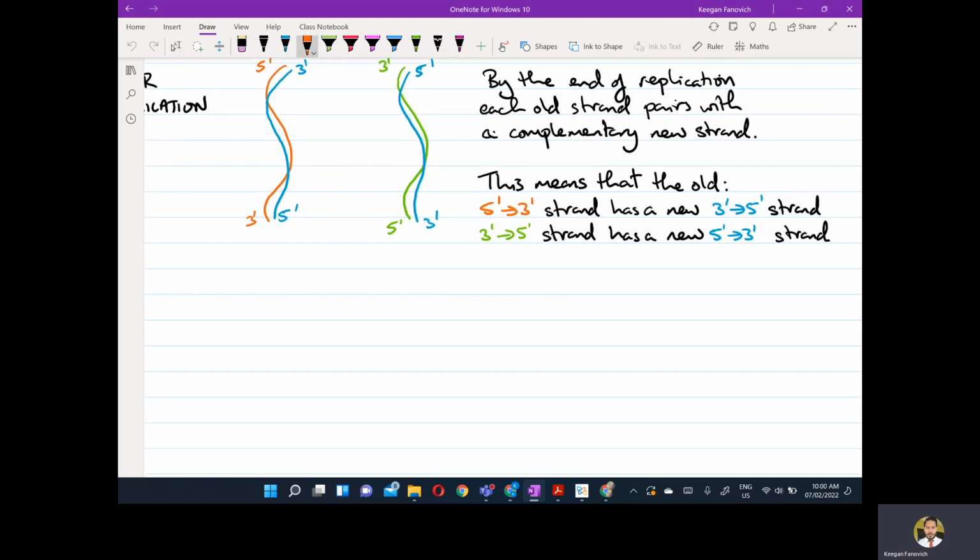Okay, so if we were to pretend and make up a little code for it, right? Let's just say that our original strand, we just took a little section of it. This is our 5' to 3', right?